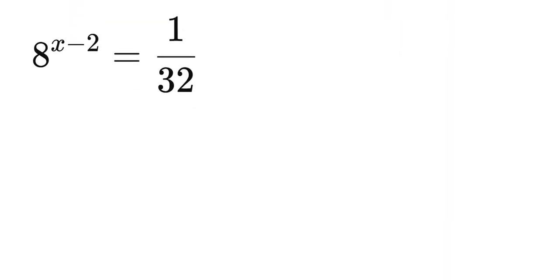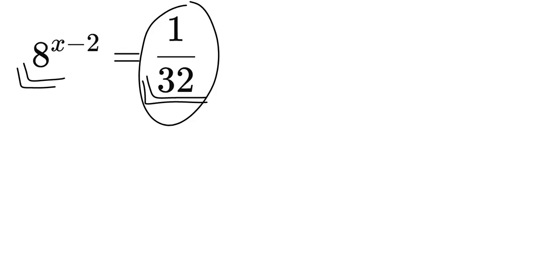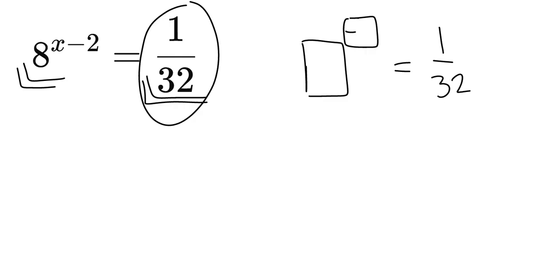Okay, on the left side we have number 8. On the right side we have 1 over 32. First of all, 1 over 32. It means that our exponent was negative to give us 1 over 32. But the problem here is, on the left side we have number 8.